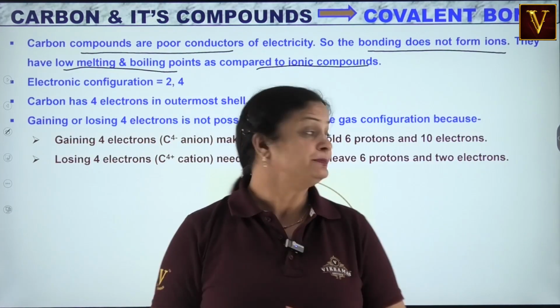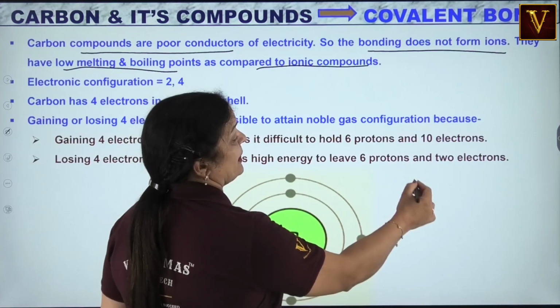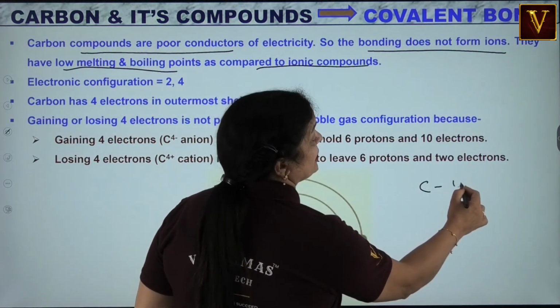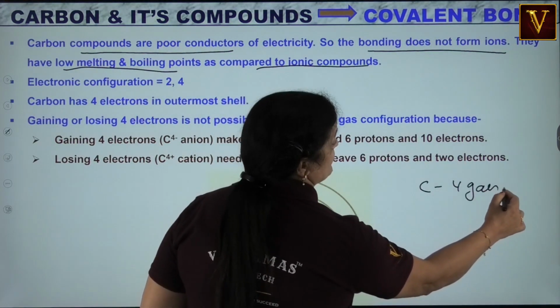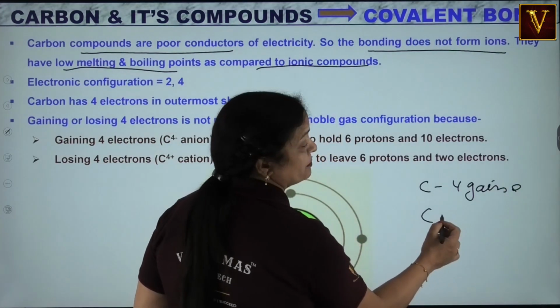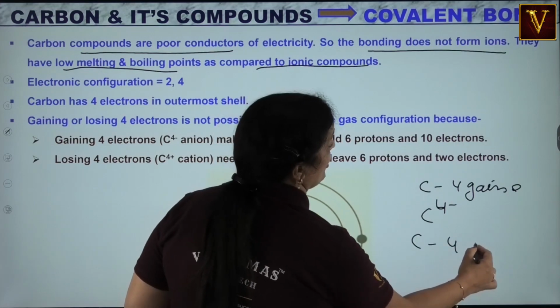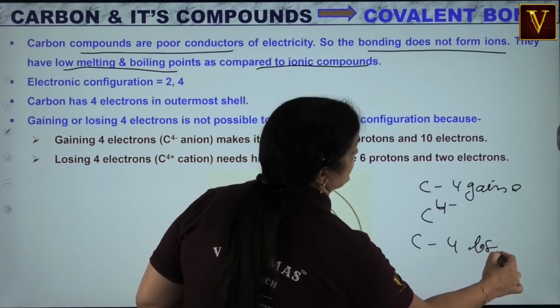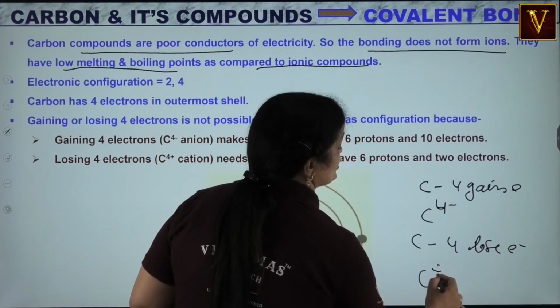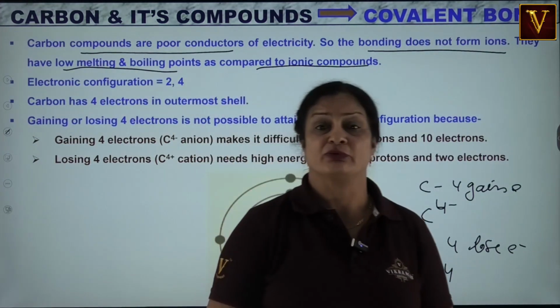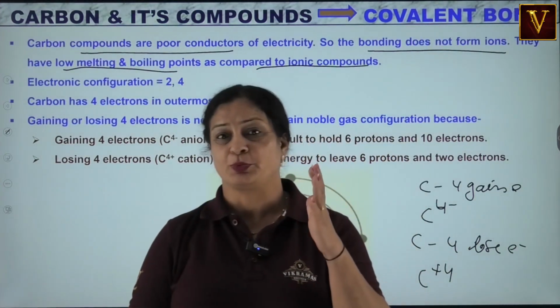It is not possible for carbon to gain 4 electrons and form C4-. Carbon doesn't lose electrons, so C4+ is not possible. Why not possible?